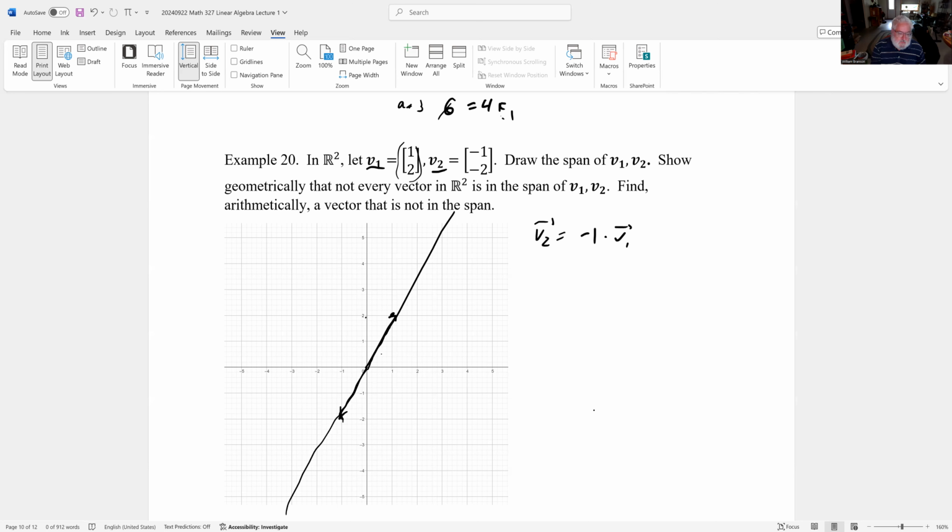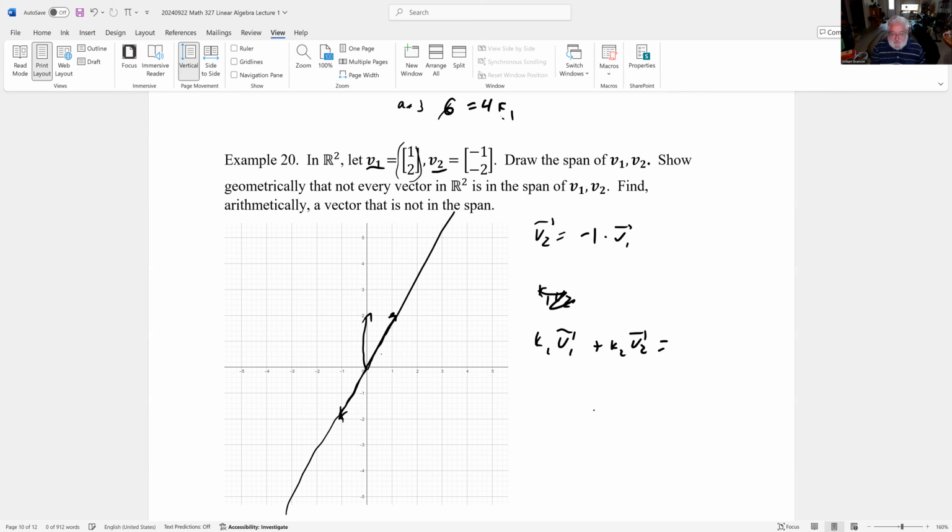So a vector like 0, 2, for example, is not in the span of these two vectors because there's a degeneracy there. They're actually sort of picking out the same direction. So arithmetically, what's a vector that's not in the span? Well, we have K1 V1, our span equation is this, plus K2 V2.